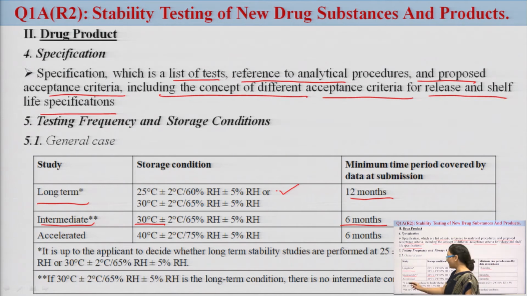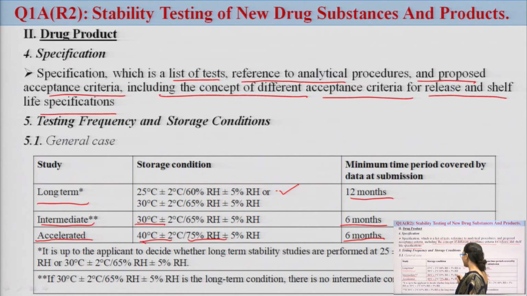For accelerated study the guideline recommends 40 degrees Celsius temperature and 75% RH, and this study generally covers 6 months. That means we need 6 month data for submission of drug product.